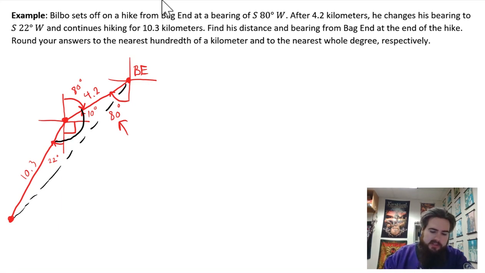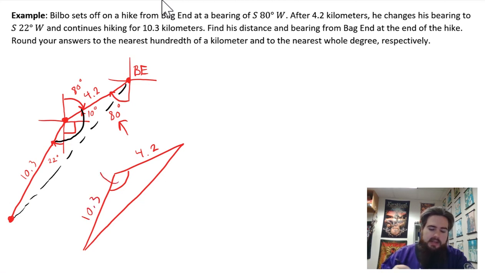Or if I redraw this picture to clean it up a little bit, I have the length of 4.2 and 10.3, but this angle measure here I can solve as 22 plus 90 plus 10, so that's 122 degrees.